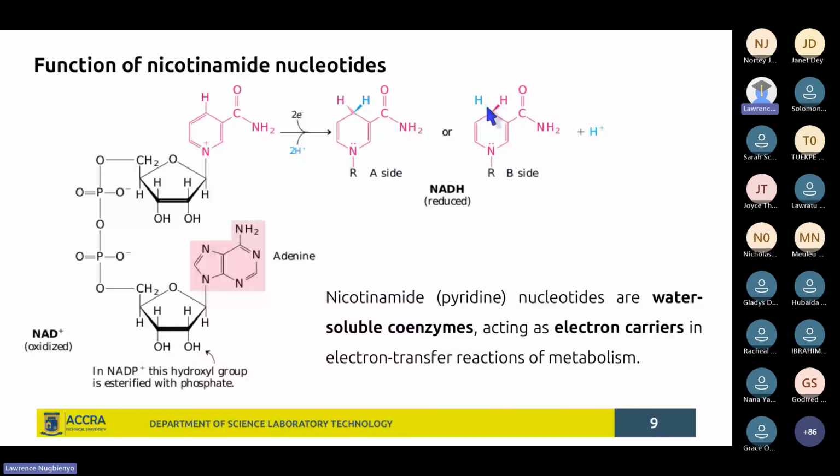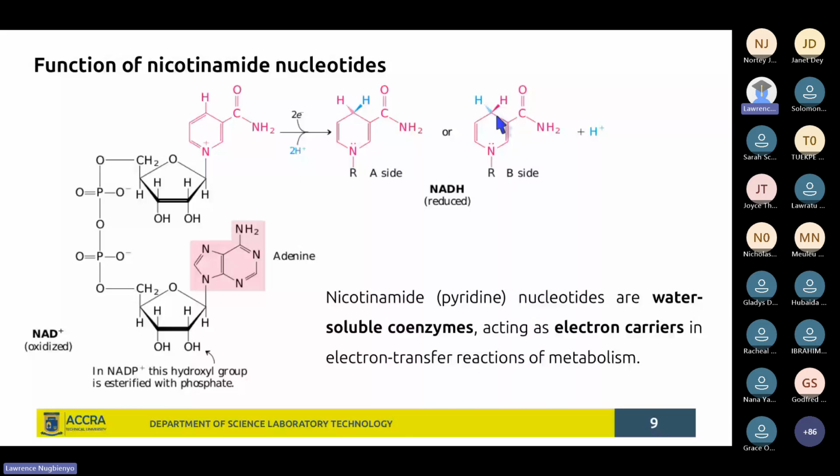So it's a form of specificity depending on the enzyme to which the nicotinamide nucleotide is acting as a coenzyme: you have the proton or the hydrogen ion binding either to the front side or to the back side. We'll see some examples of enzymes with such specificity.